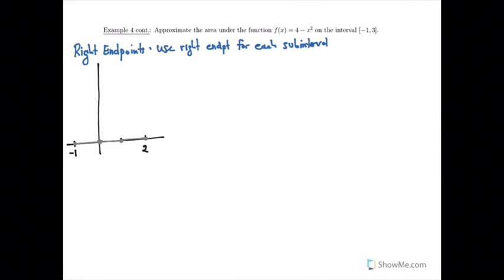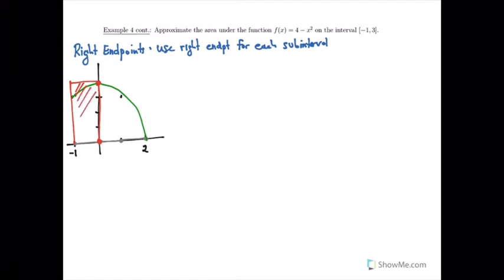And we are going to use the right endpoint in each of those intervals to find the height of the rectangle. So for the first interval, we're going to use the right endpoint, that's 0. Go up to where the function is 0, we can draw a rectangle there.